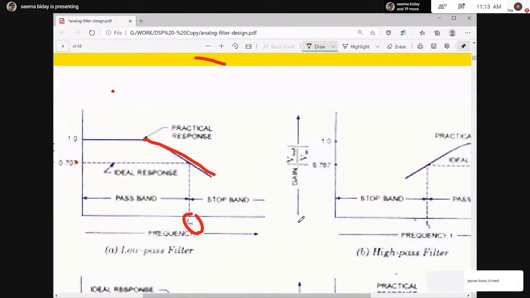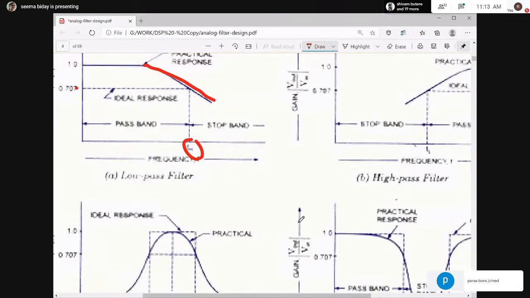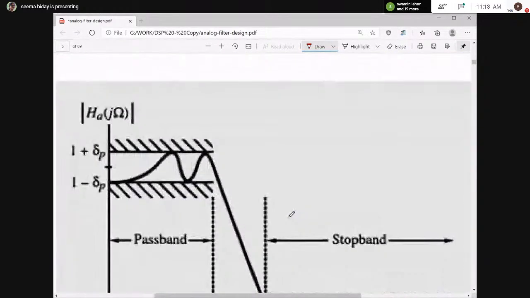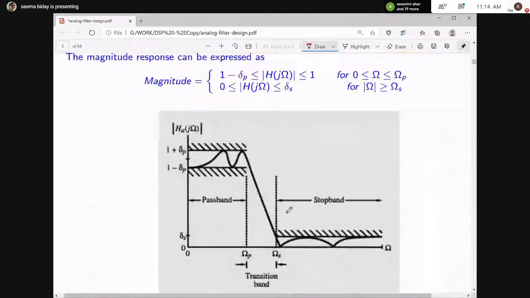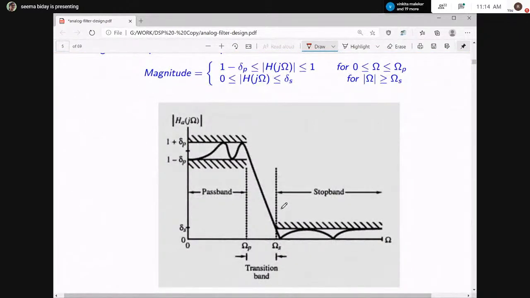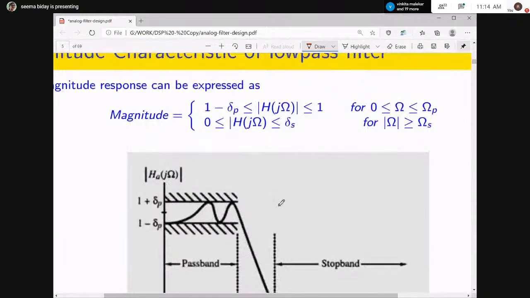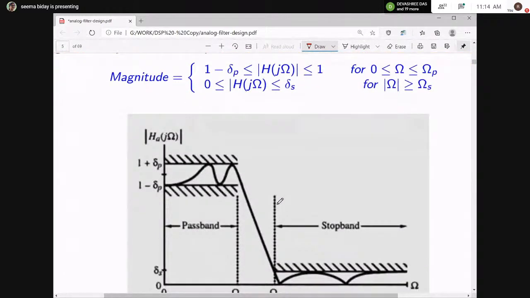See, this is only the response I have shown. Next, see here. Is it okay now? Yes, ma'am. So now, see here. Ideally it is not possible.